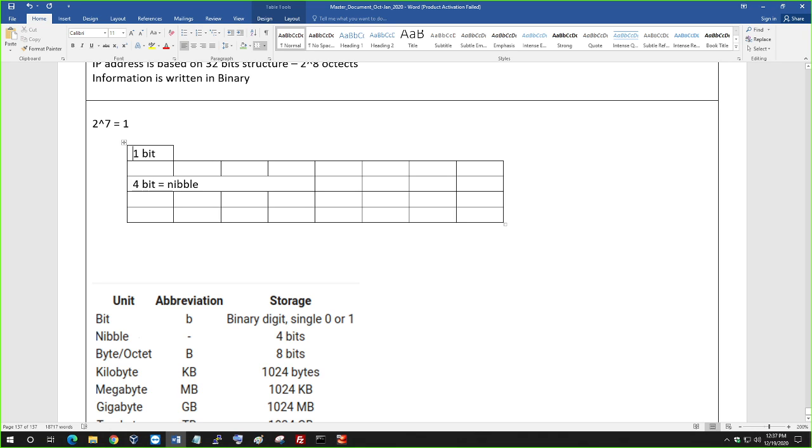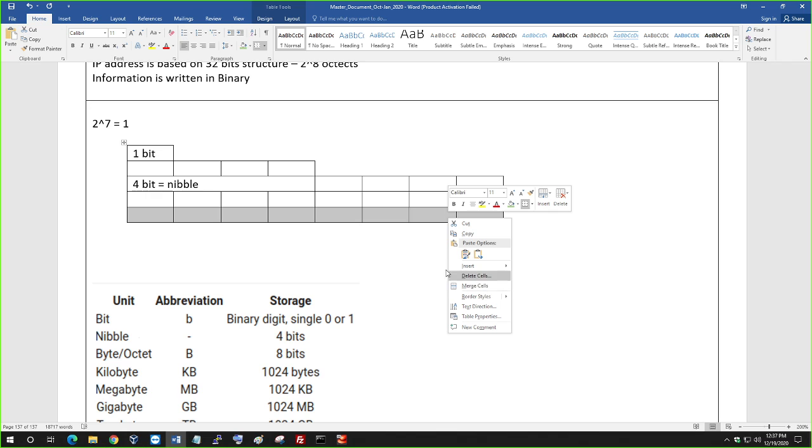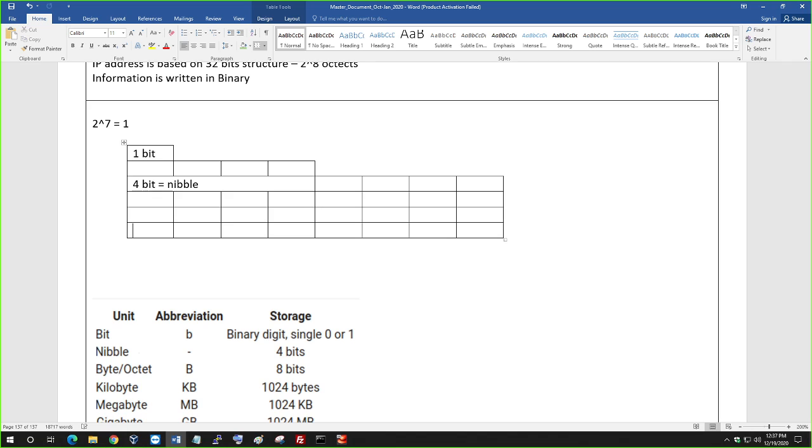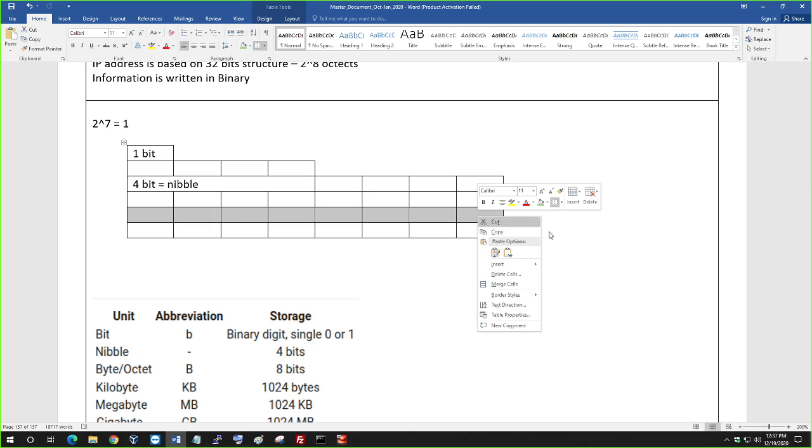Okay, one of them is a bit, and if it's a pack of 4, then it's a nibble. When it's a pack of 8, then it is an octet. That means it's got 8 in it. So this is called an octet.